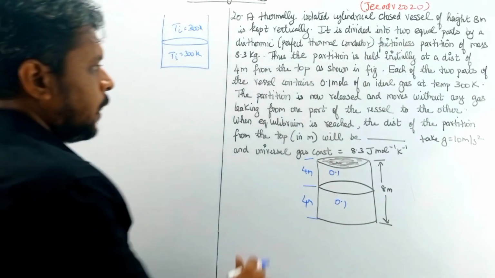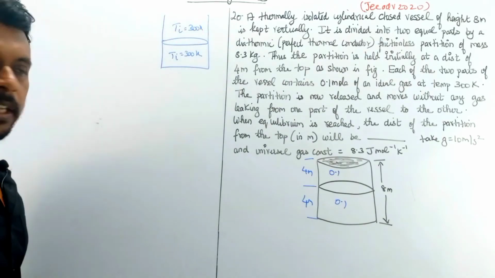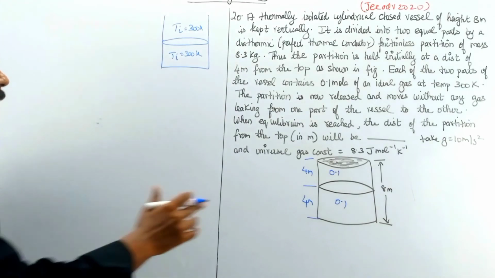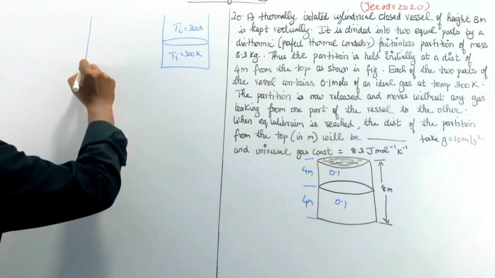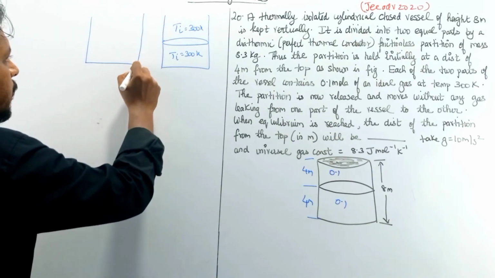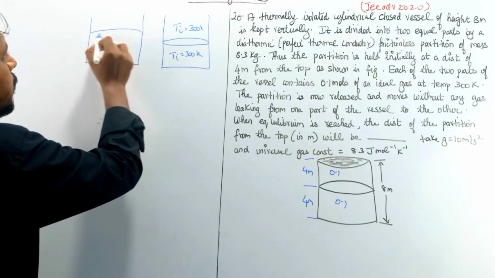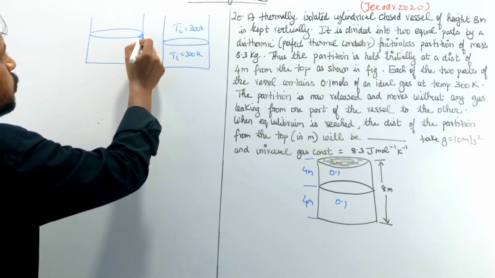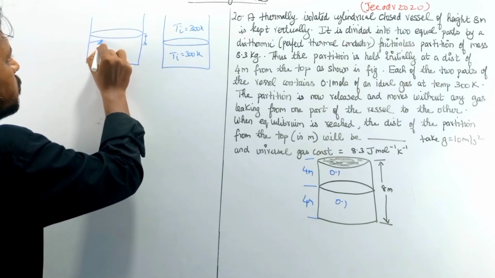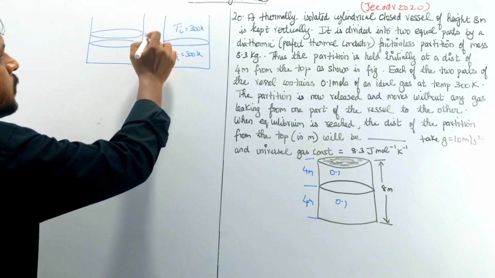Now what happens? The partition is released. Due to gravity, the partition, which was initially here, moves some distance x. So now the partition position is here, and it has moved a distance x.